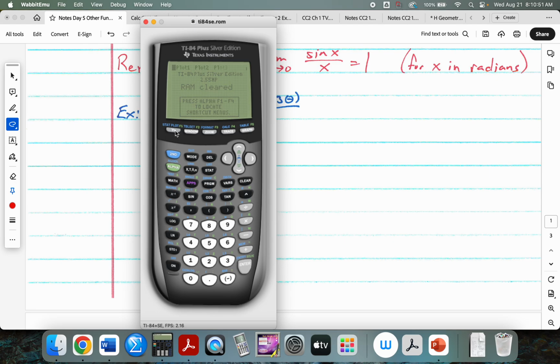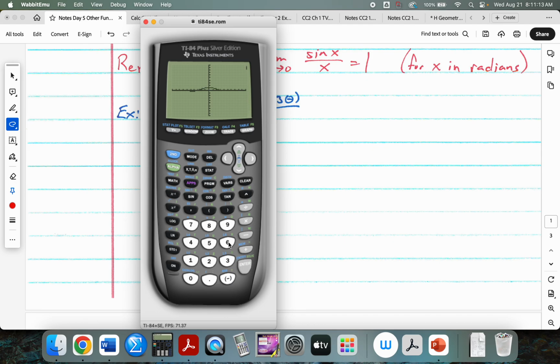If we graph y is equal to sine of x over x, I'll start with a zoom standard.